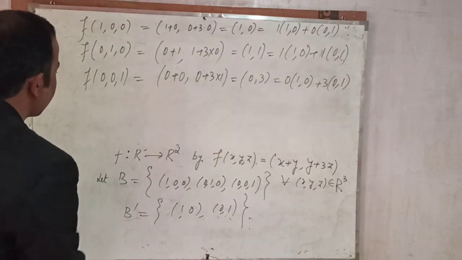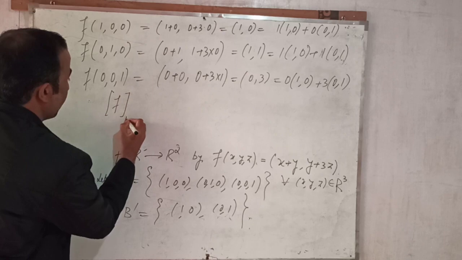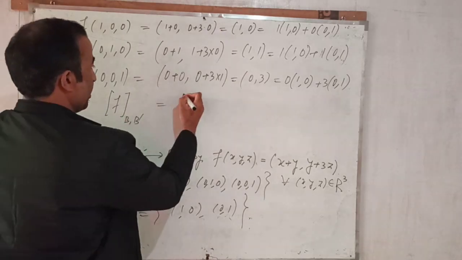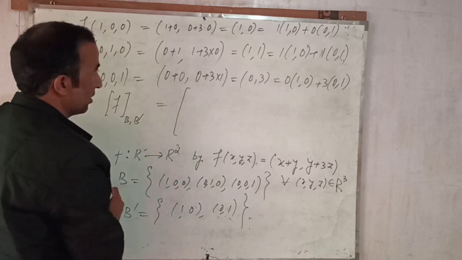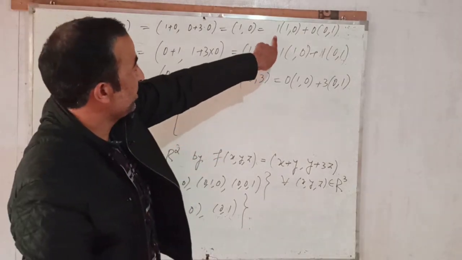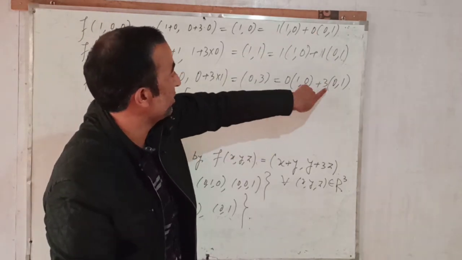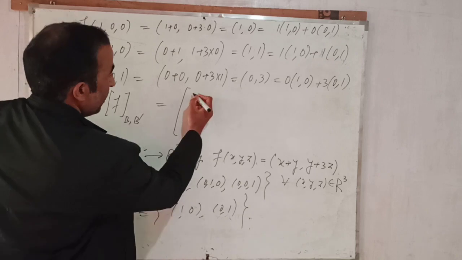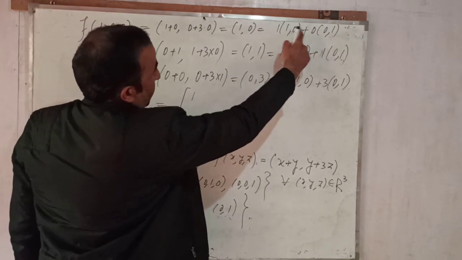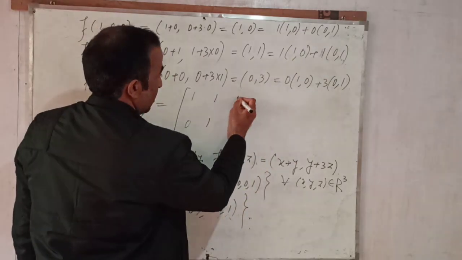So what's the matrix? Therefore the matrix of the linear function f from B to B dash, or transition matrix, is here. Just take the transpose of the coordinate vectors. The coordinates here are 1 and 0 for the first, 1 and 1 for the second, 0 and 3 for the third. So it will have those as columns.